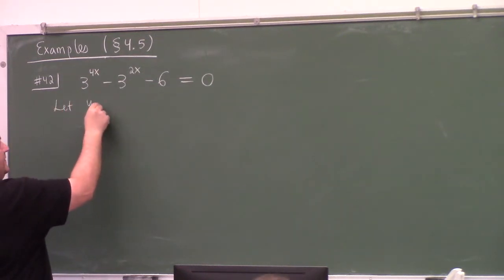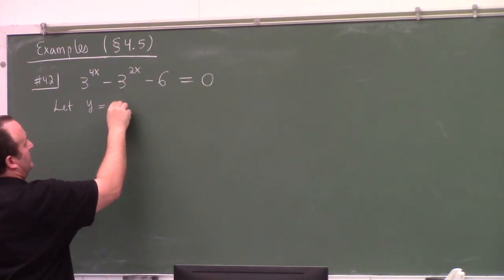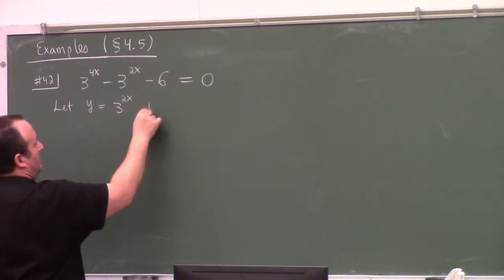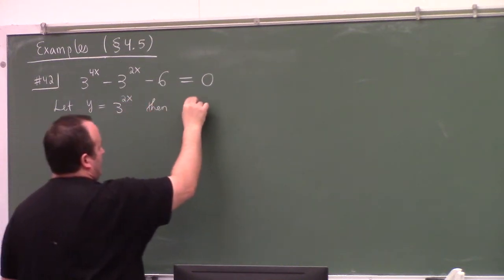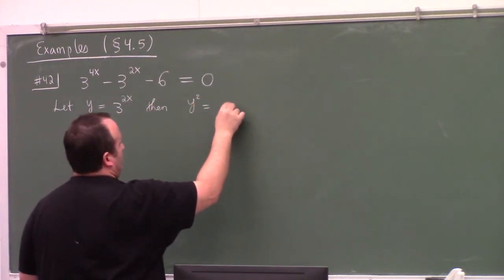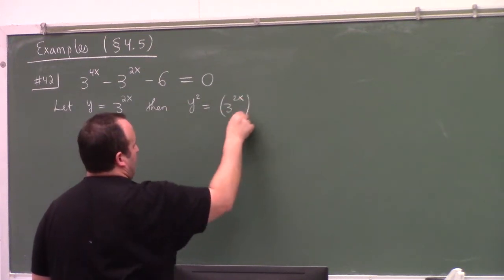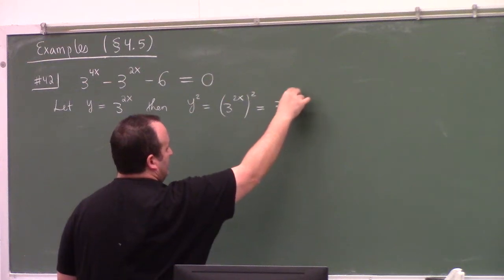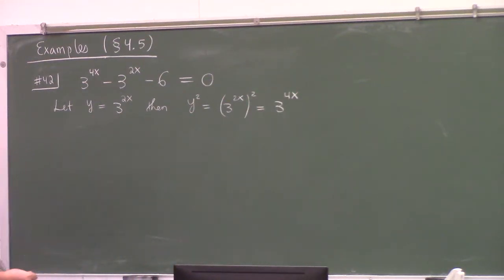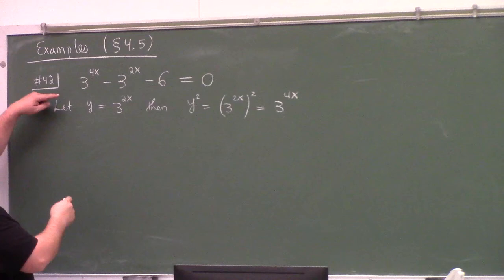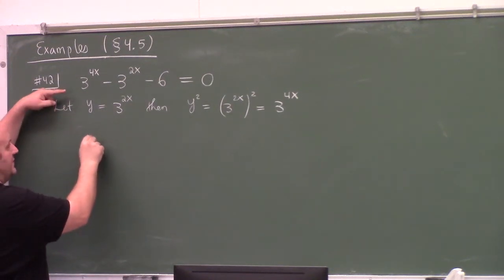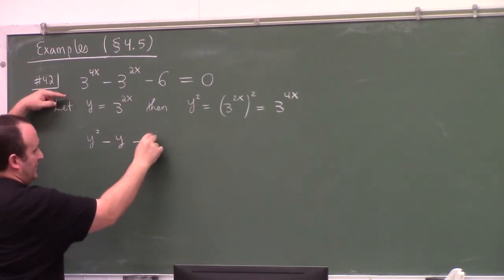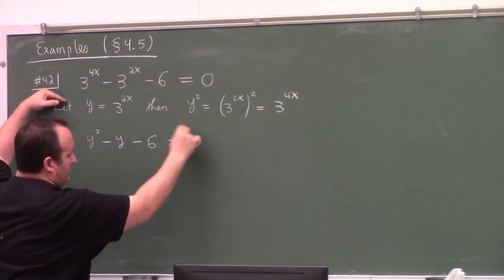So we'll let y equal 3 to the 2x. Then y squared is 3 to the 2x raised to the second power, which by the laws of exponents is 3 to the 4x. So with this substitution, the original equation becomes y squared minus y minus 6 equal to 0.